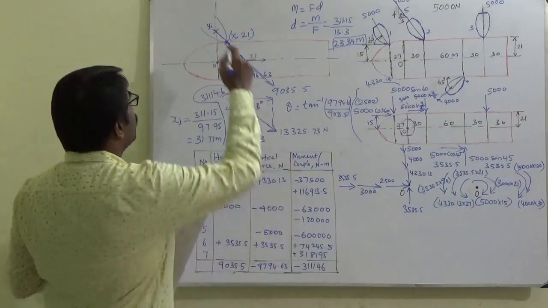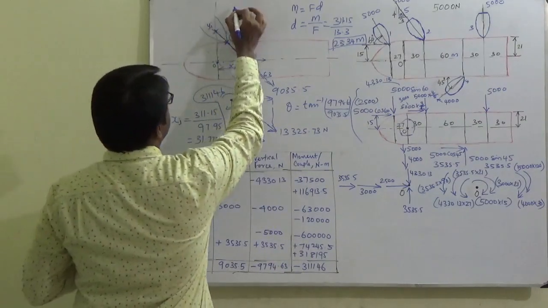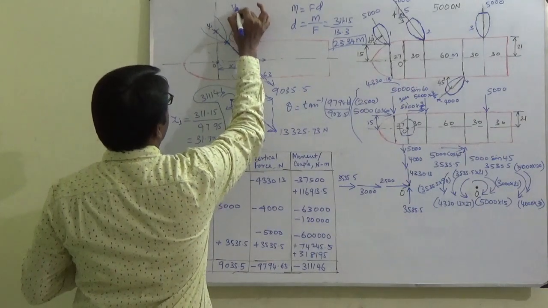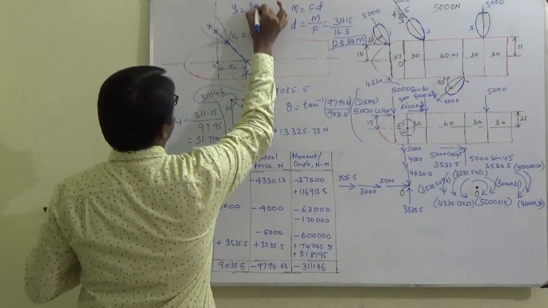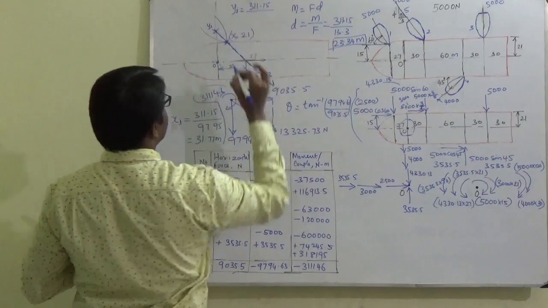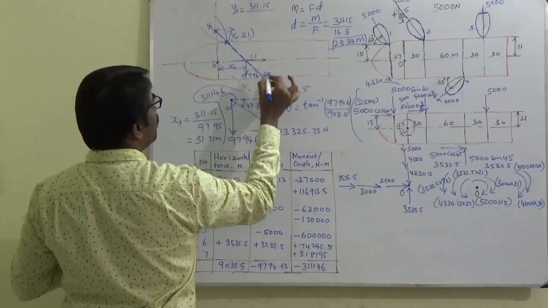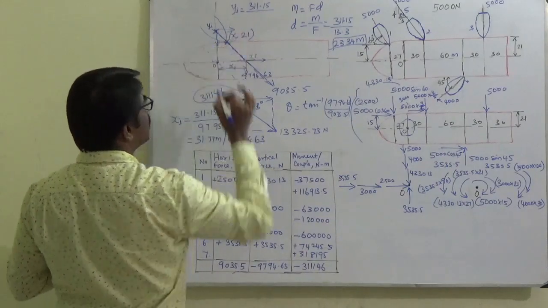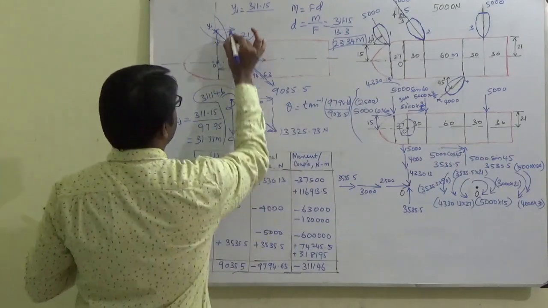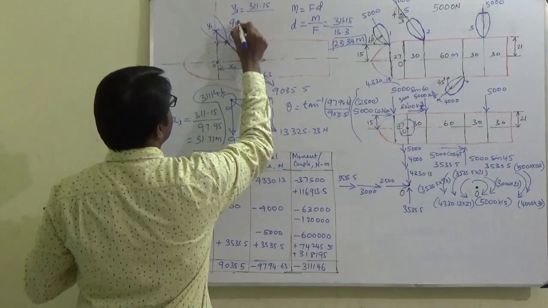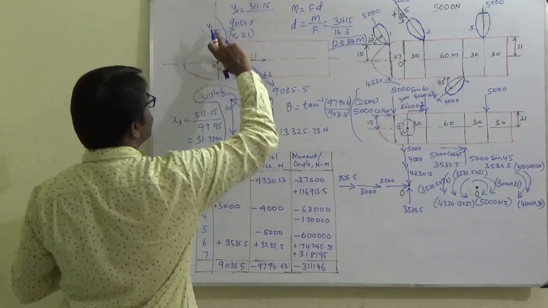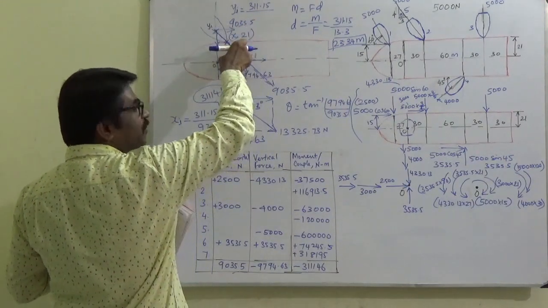Right? Now what is y-intercept? Y-intercept is moment by, so the x component will contribute for the moment and the y component will not produce a moment. Okay, so the x component is 9035.5. So this will produce a clockwise moment.